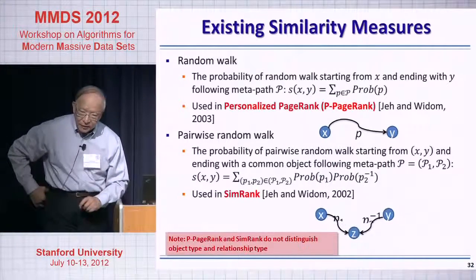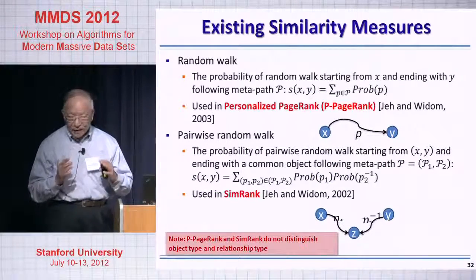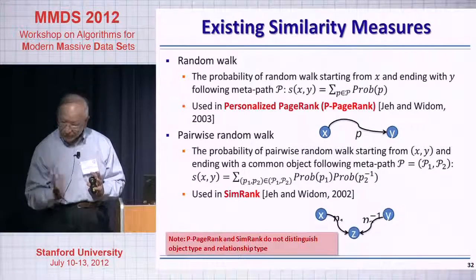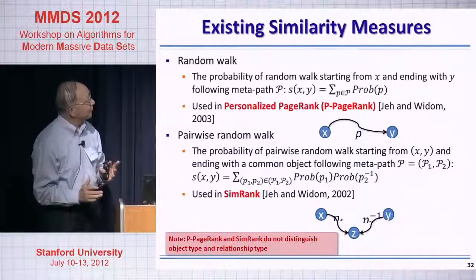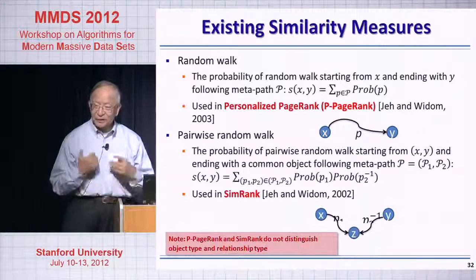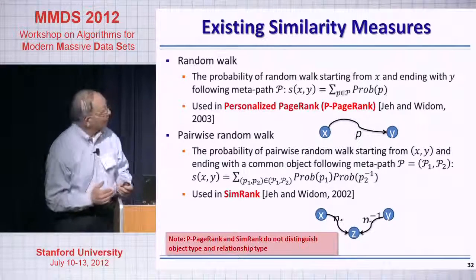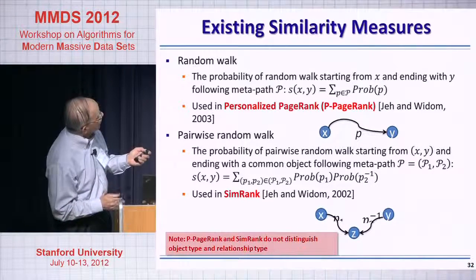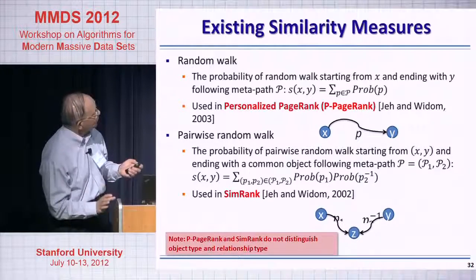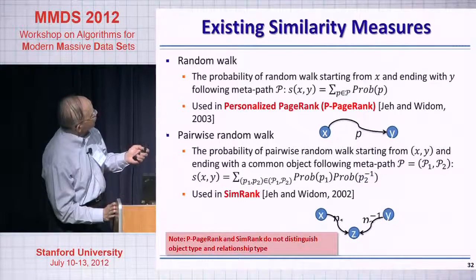But then you may say, just based on the MetaPath, without thinking of a measure, whether we can get it right, actually it's not. It's very interesting to look at the measure. We look at several known measures, then we go back and think about it. One measure was called personalized PageRank, developed at Stanford by Jennifer Widom's group using this formula.